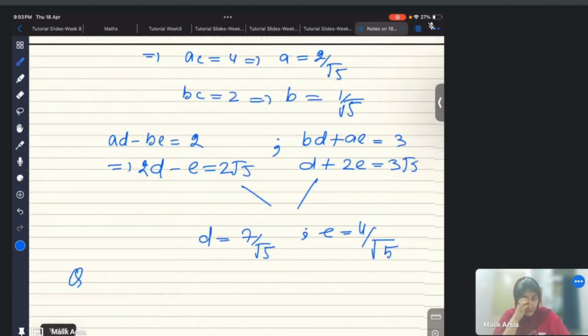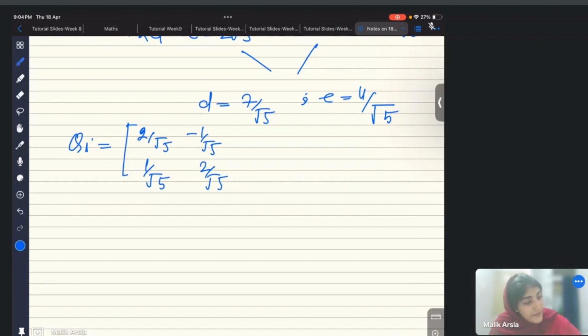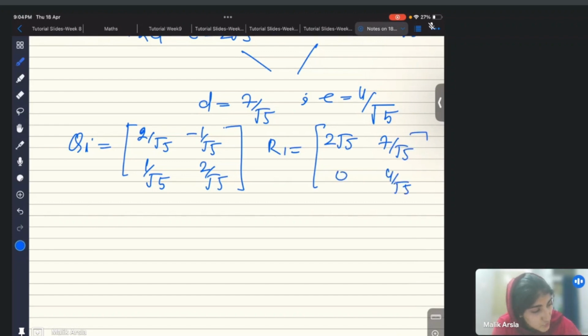So our Q1 is 2 by root 5, minus 1 by root 5, 1 upon root 5 and 2 by root 5, and our R1 is 2 root 5, then 7 by root 5, then 0, then 4 by root 5. I have simply substituted the values of A, B, C, D into the matrices.